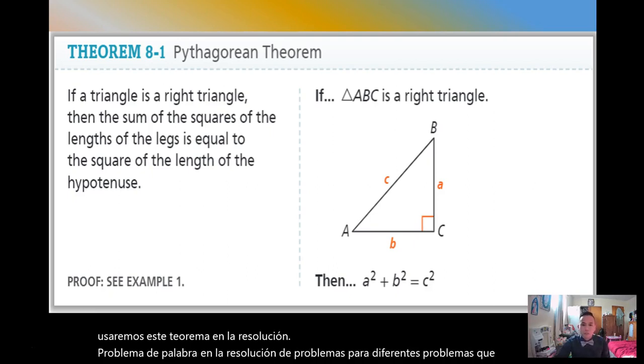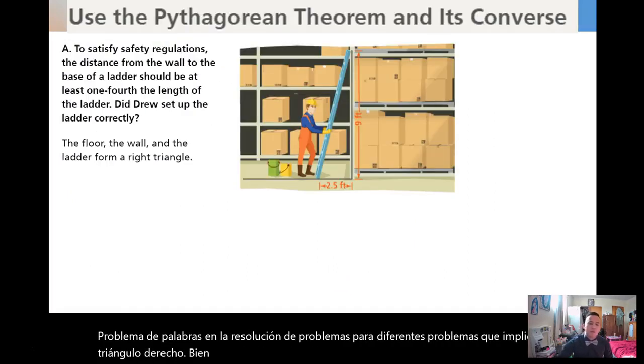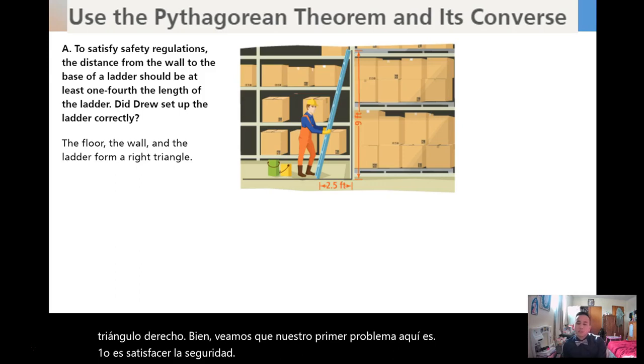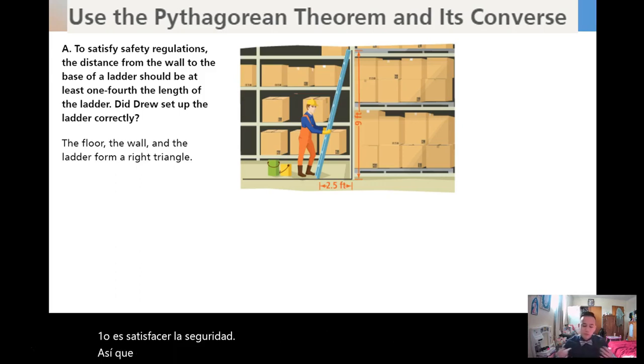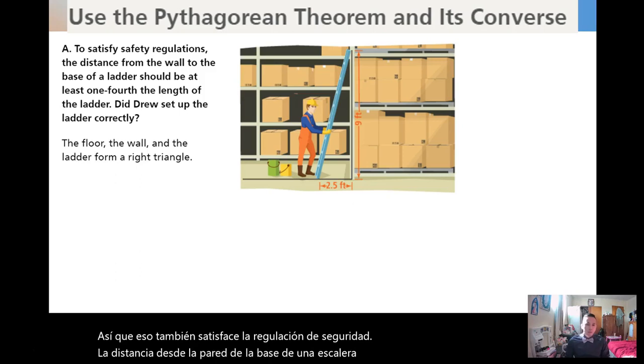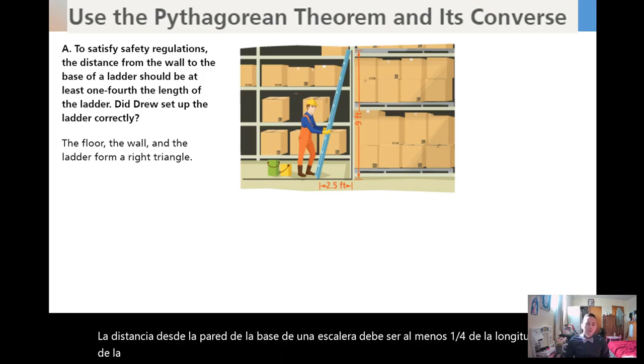Our first problem here is about safety. To satisfy safety regulations, the distance from the wall of the base of a ladder should be at least 1/4 the length of the ladder. Did Drew set up the ladder correctly?